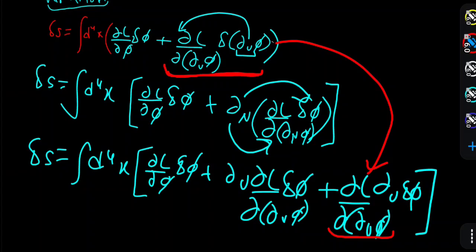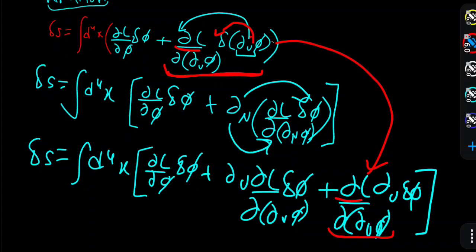You can see that here is del L divided by del of del mu phi. You have here del L divided by del of del mu phi, and here you have variation in del mu phi. What I have told you is that you can just pull this del out here, and what you have here is del mu and here you have variation in phi. So both of these two equations are the same.